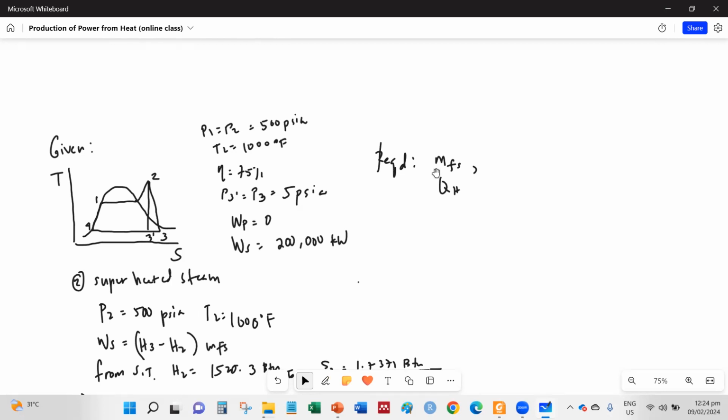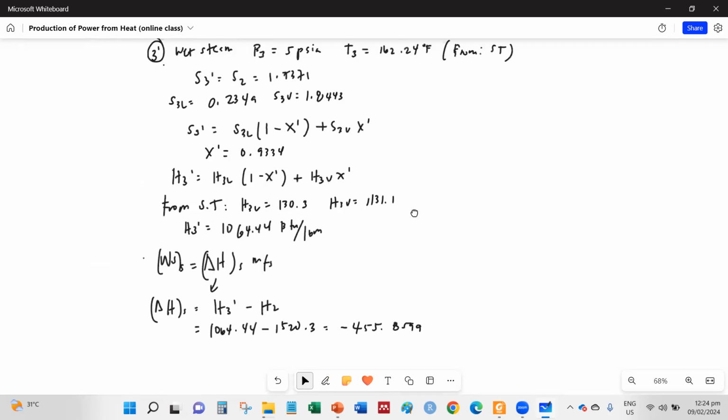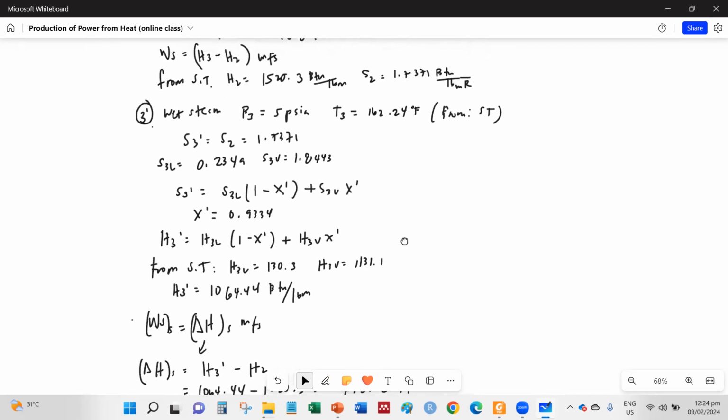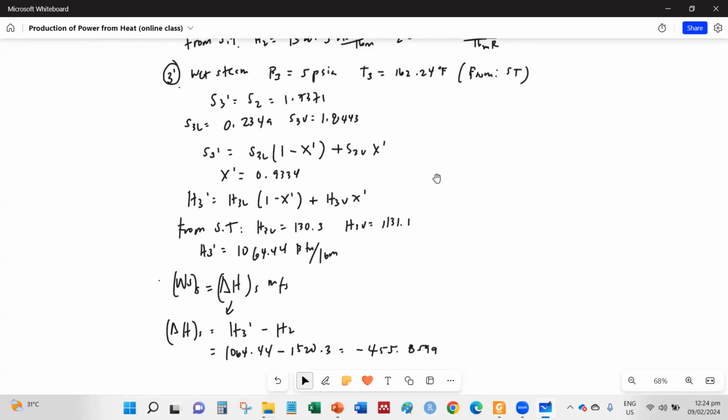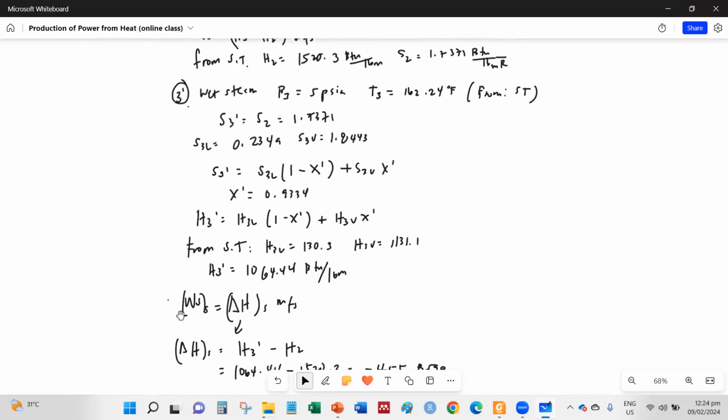So to calculate these values, remember we can calculate the mass of flowing stream using the equation. Okay, so I think this is wrong.